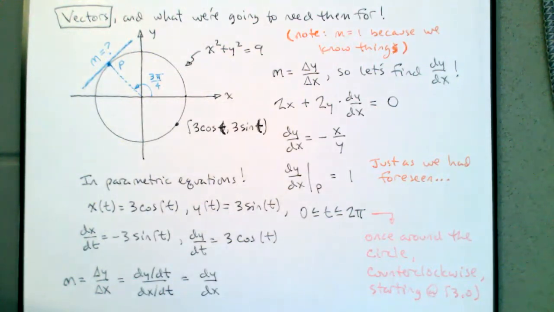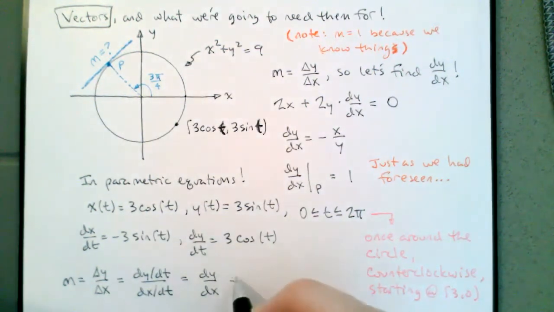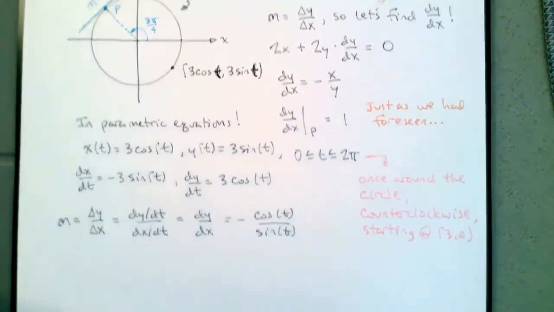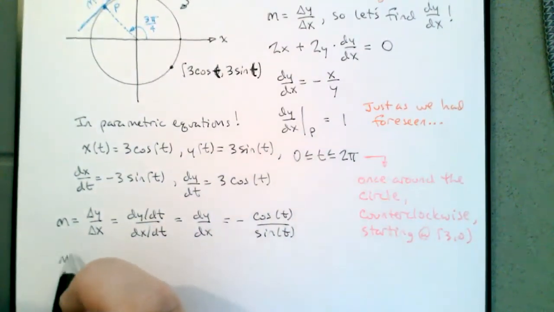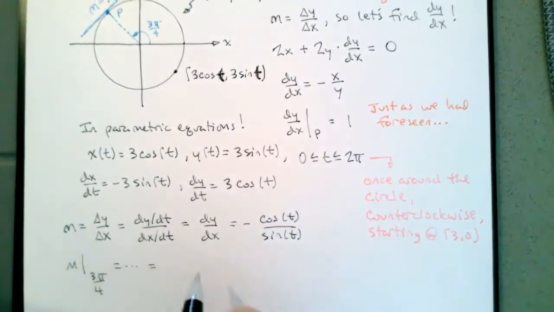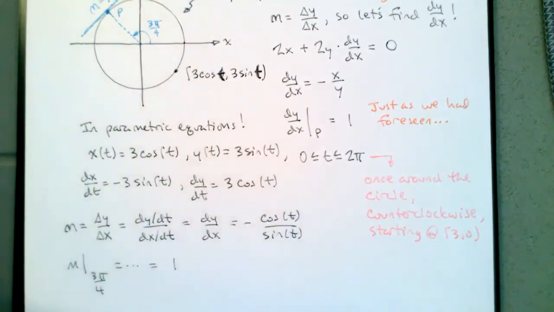So I just take the 3 cosine of t and divide by negative 3 sine t. Then I just have to evaluate this at t equals 3 pi over 4, just as we had calculated in the previous problem.